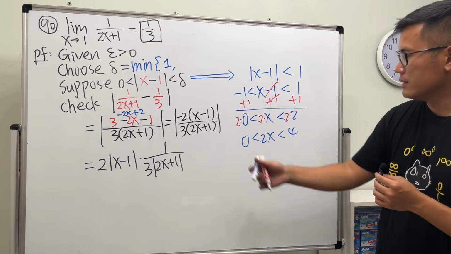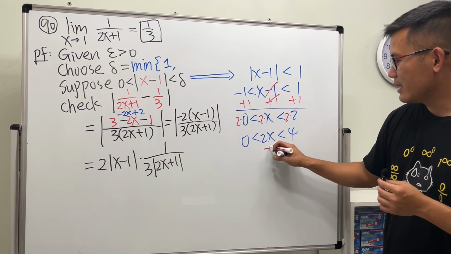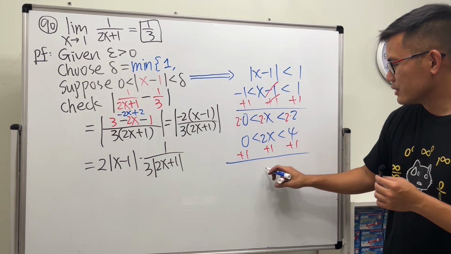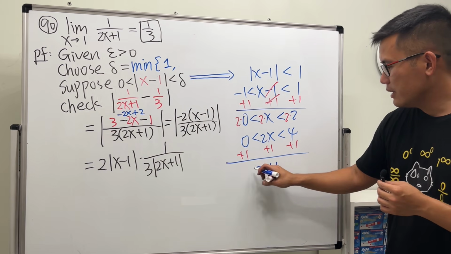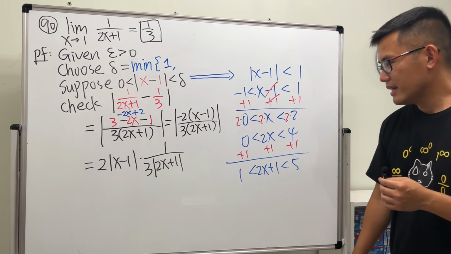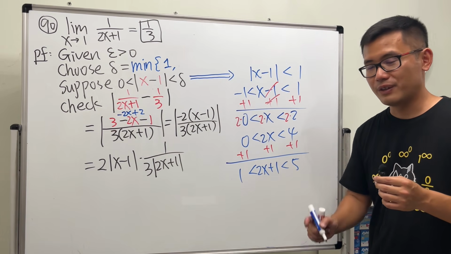And then let's add 1 to everybody. So we have 2x plus 1 in between 1 and 5. What did we do earlier? We take the reciprocal first.